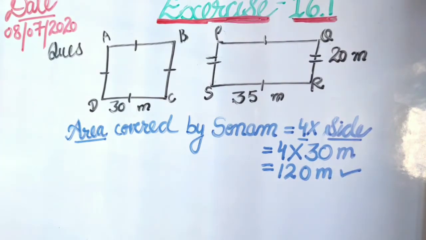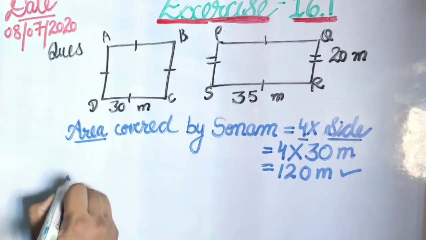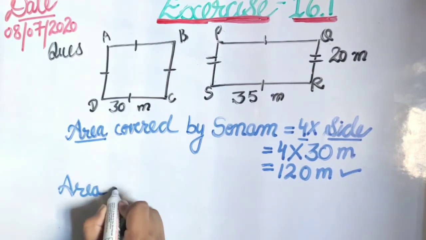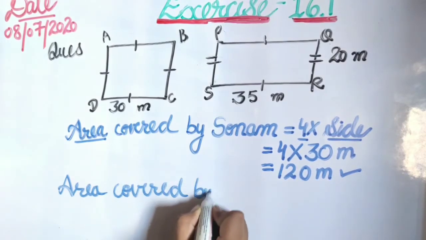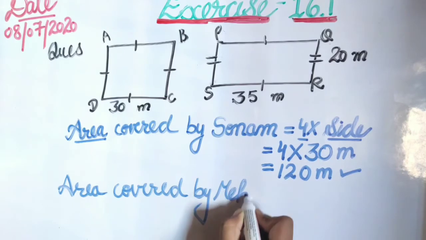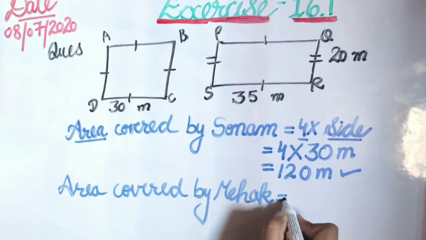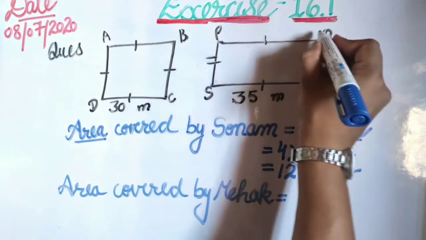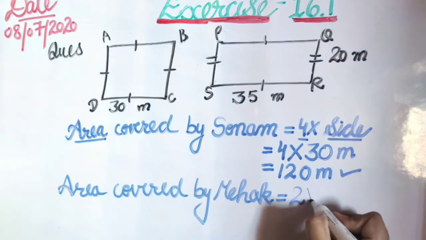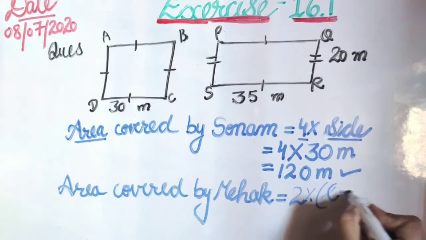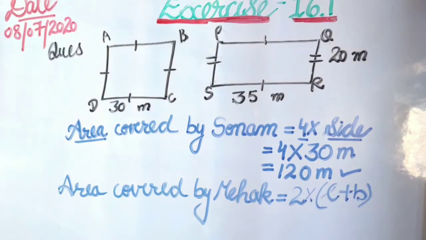Now we will find out how much distance is covered by Mehak. Now students, what is the perimeter of a rectangle? That is 2 multiply length plus breadth. Now we will put the values of length and breadth.